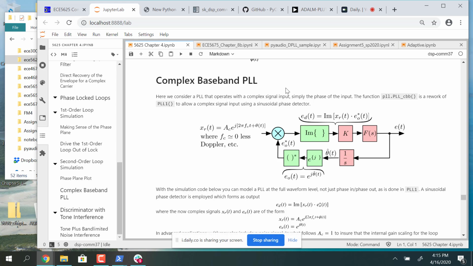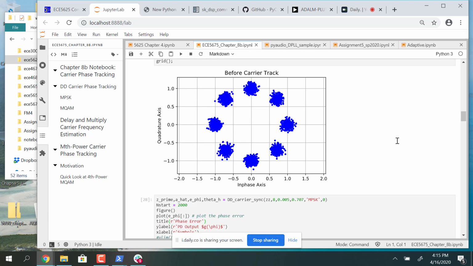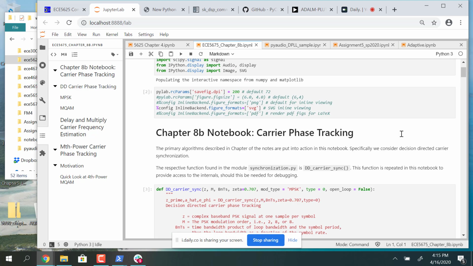What I want to do, though, before I actually go on, and we only have 5 minutes left, I want to talk a little bit about this, since I had this slide up here from my phase lock loop class from yesterday. The class is now looking at synchronizing onto digitally modulated carriers, and we're doing it using a complex baseband simulation model.